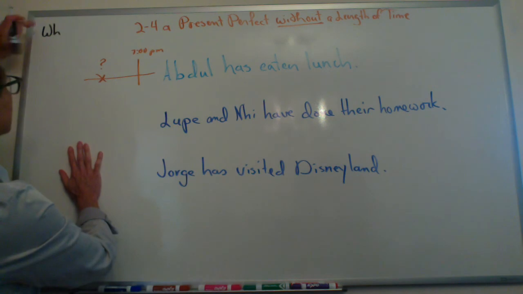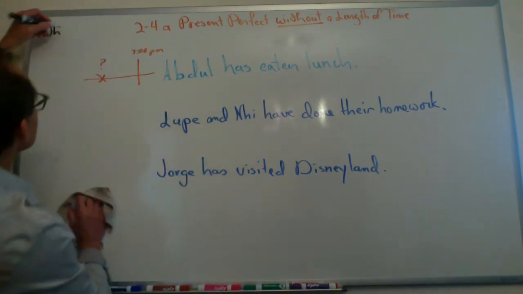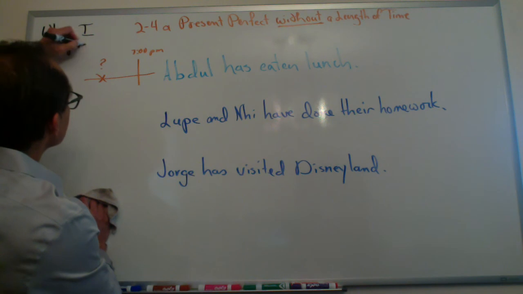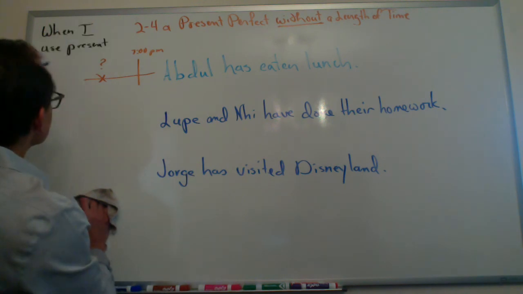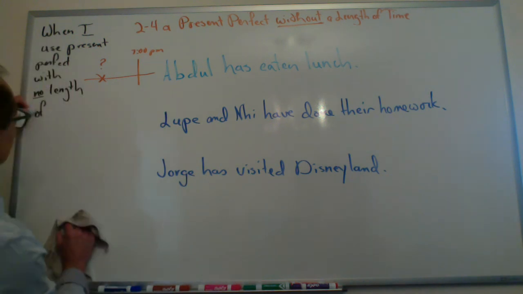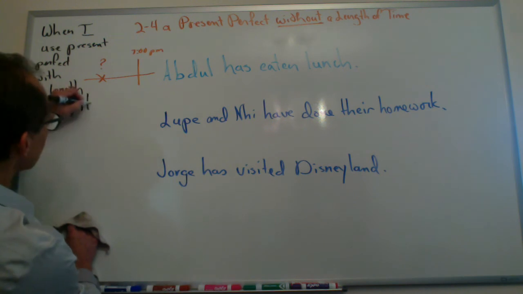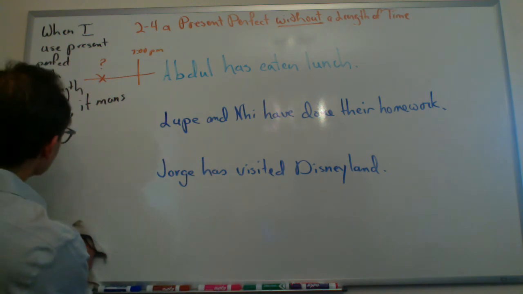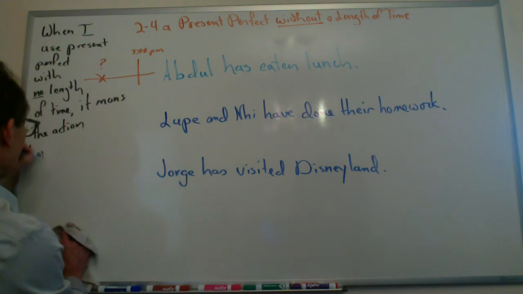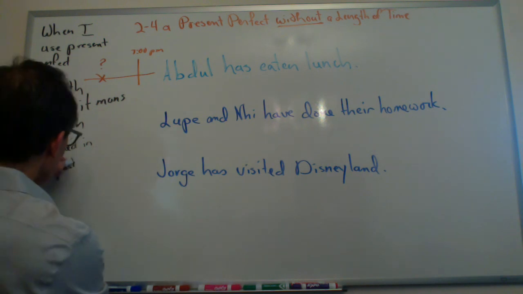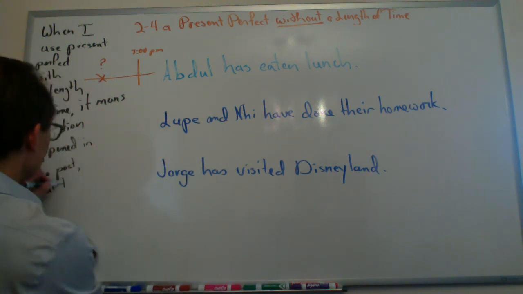When I use present perfect with no length of time, it means the action happened in the past, but the time is not clear.